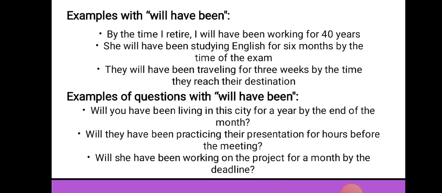In the examples with the auxiliary verbs will, have, and been, the subjects are I, he, she, they, followed by the verb ending in ing, in the sentences with the words working, studying, and traveling. Example of question with will have been: here the same but in interrogative form.